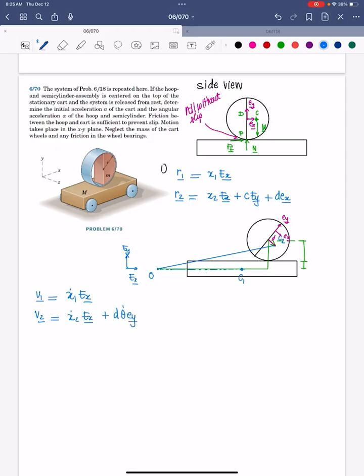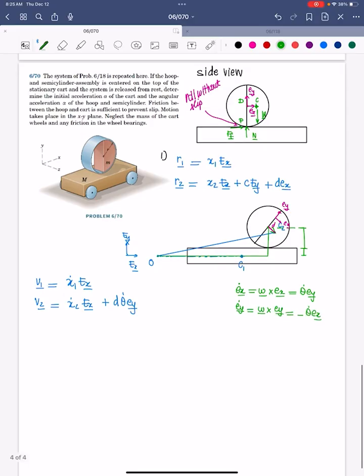Remember that for the rotational bases, EX dot is omega cross EX, which is theta dot EY, and EY dot is omega cross EY, which is minus theta dot EX. Okay, so this is V2, and A1 is X1 double dot EX, A2 is X2 double dot EX.